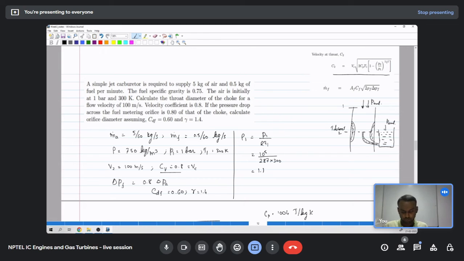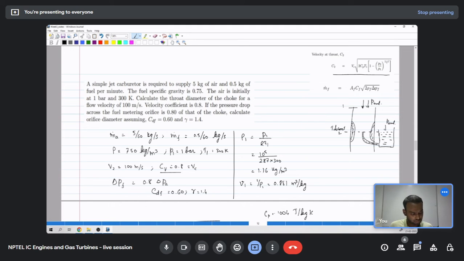This is 1.16 kg per meter cube. In terms of V1, it is 1 by rho 1, which is 0.861 meter cube per kg.